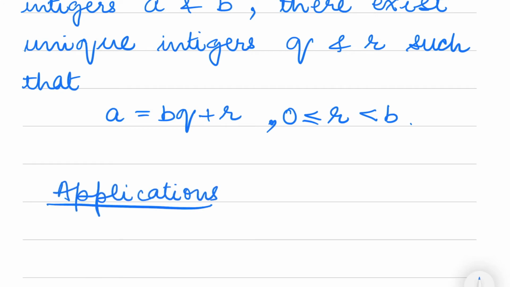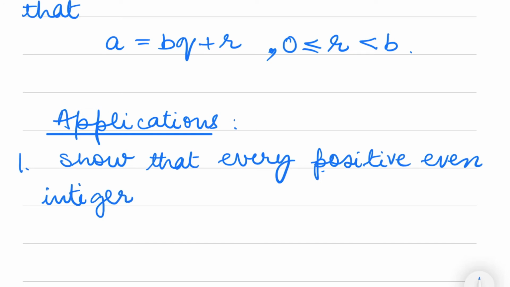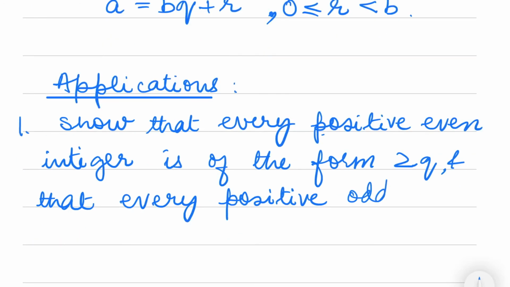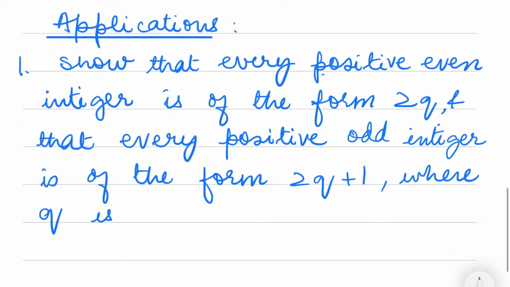for this lemma. Show that every positive even integer is of the form 2q, and that every positive odd integer is of the form 2q plus 1, where q is some integer.